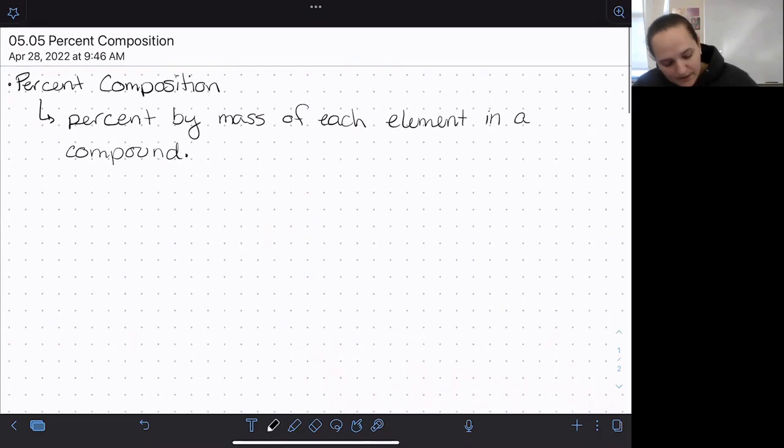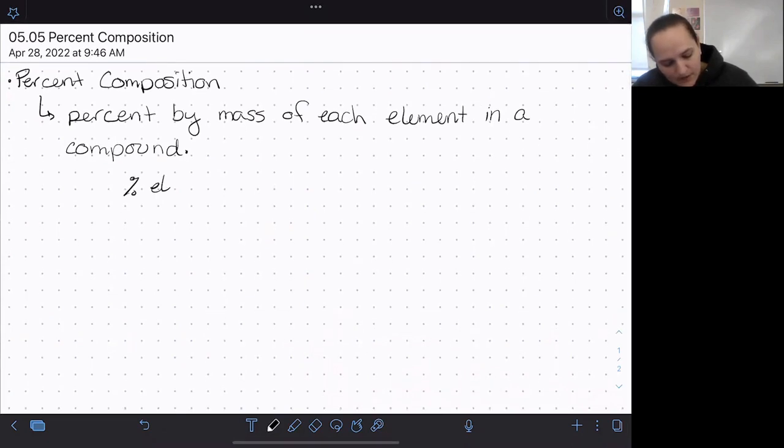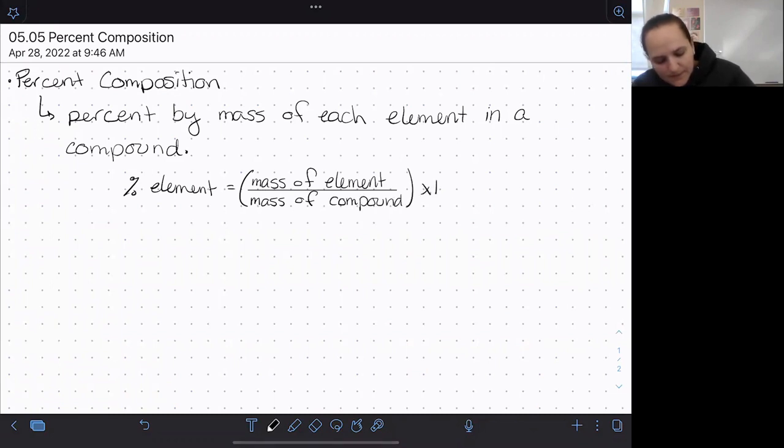So mathematically, the percentage of one element in a compound is just going to be the total mass of that element divided by the total mass of the compound, the molar mass, times 100. So we're just looking for what part of this whole thing is one particular element.